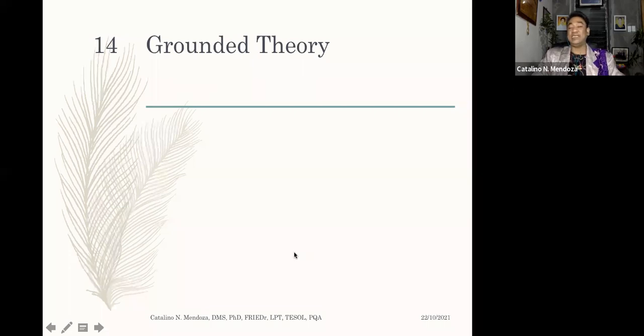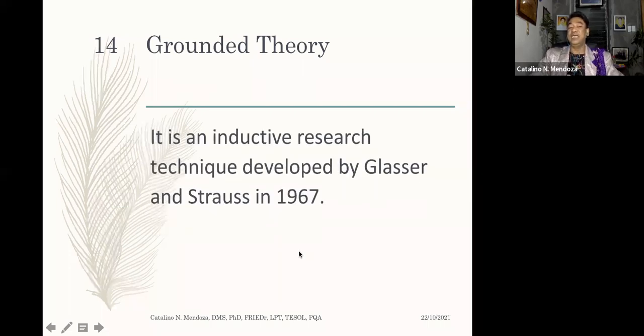So another one is the grounded theory. It is an inductive research technique developed by Glaser and Strauss in 1967. Inductive, what does it mean by inductive? From the micro going to the macro. It has something to do with what? Accumulating all the information to design a bigger picture.